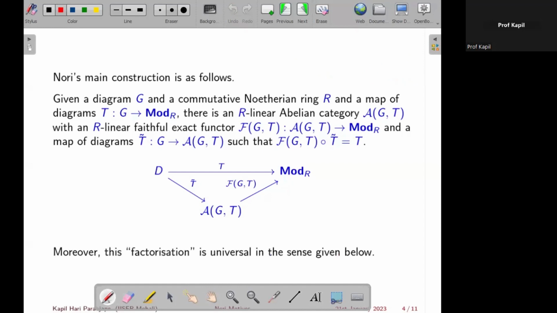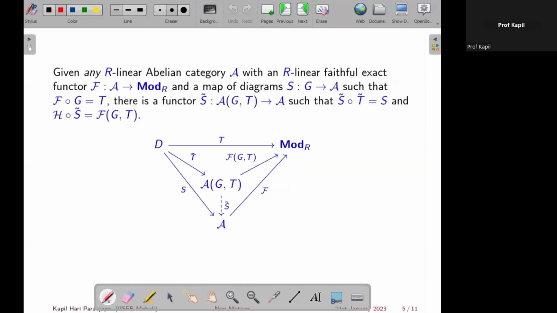This factorization is universal in the following sense: given any R-linear abelian category with an R-linear faithful exact functor, so again this is G, in some sense the idea is that this A is the smallest, within quotes, of course.